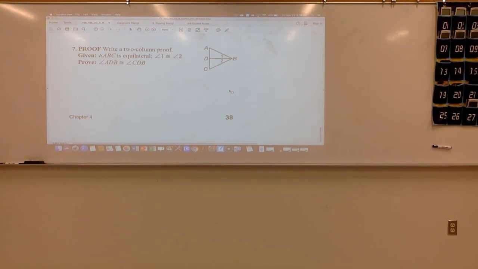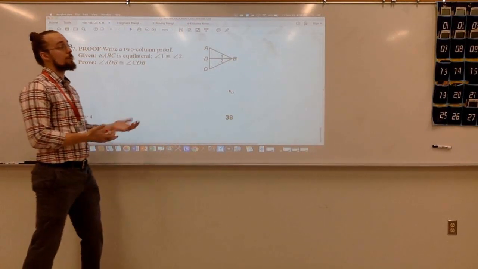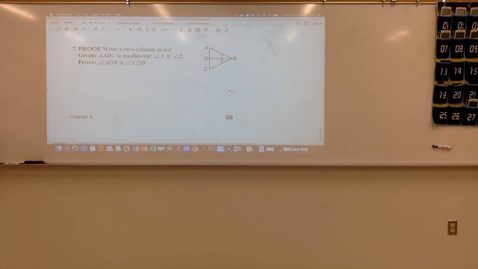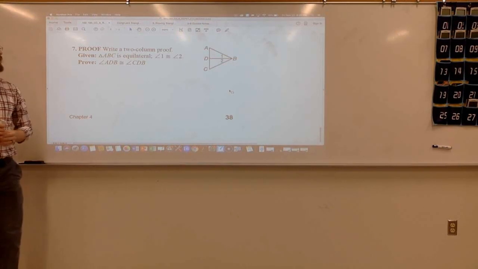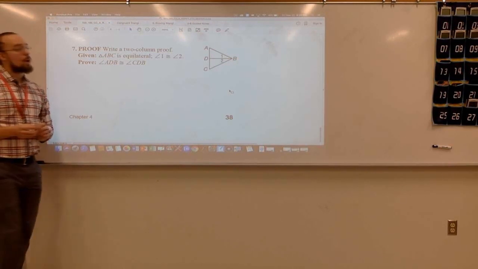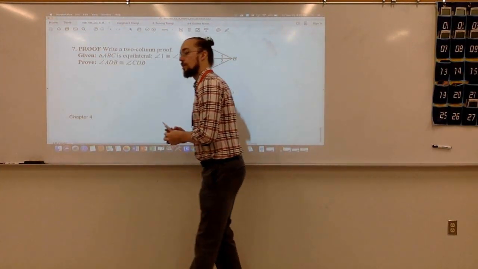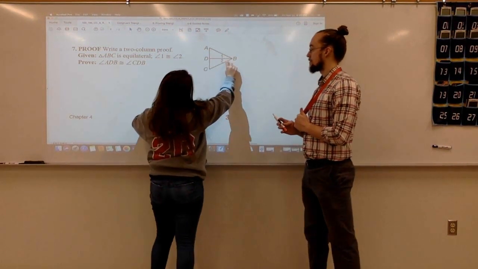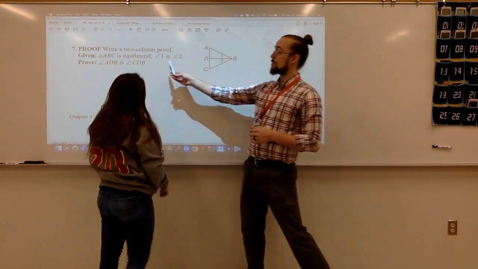D equals D. I mean, EB. Okay, that's true, but what's our goal here? What are we going to try to prove congruent, and then what? Amber? You prove that all of the angles are congruent before you can prove that. What do you mean all of the angles? We know that because it's equilateral.